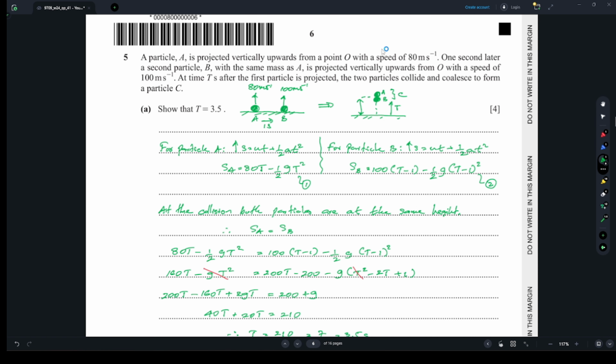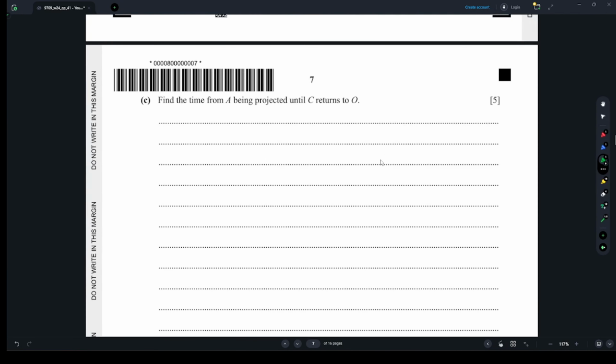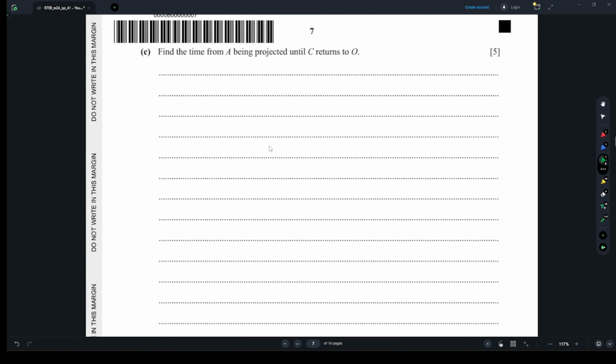Probably it's moving upwards and then moving back, and it will reach A again. So they're asking for the time. The main thing is we don't know the velocity after collision, and for that we need to know the velocities before collision of particles A and B.